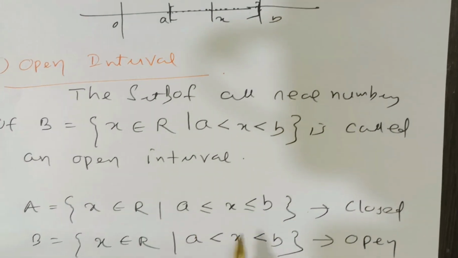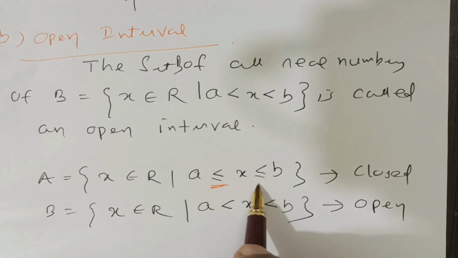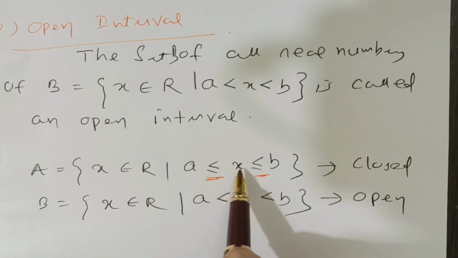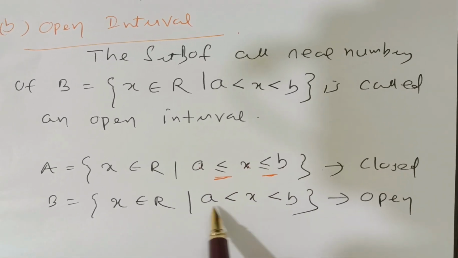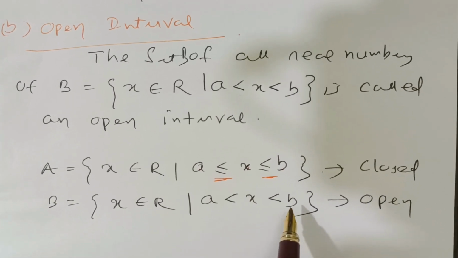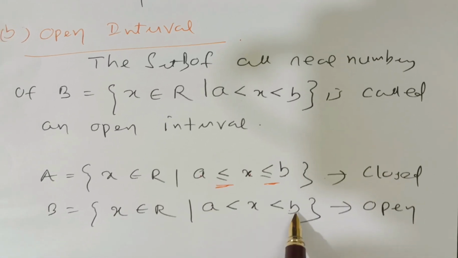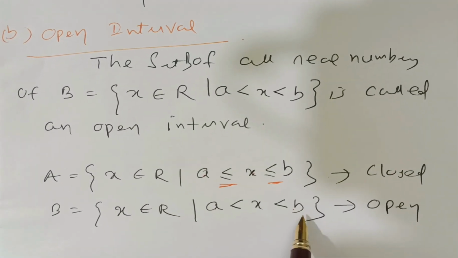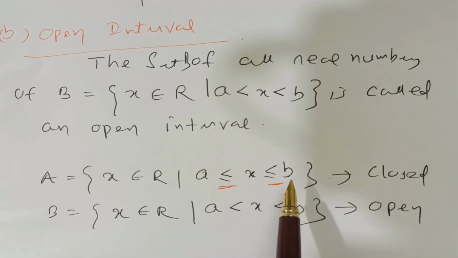And friends, you observe the difference between these two. What is the difference? Here the less than or equal sign is there. That means x may be A and x may also be B. But here x is not equal to A, neither is x equal to B. So x lies in between A and B, but it cannot be A or B. Here the endpoints are not included in the set, but here the endpoints are included in the set.